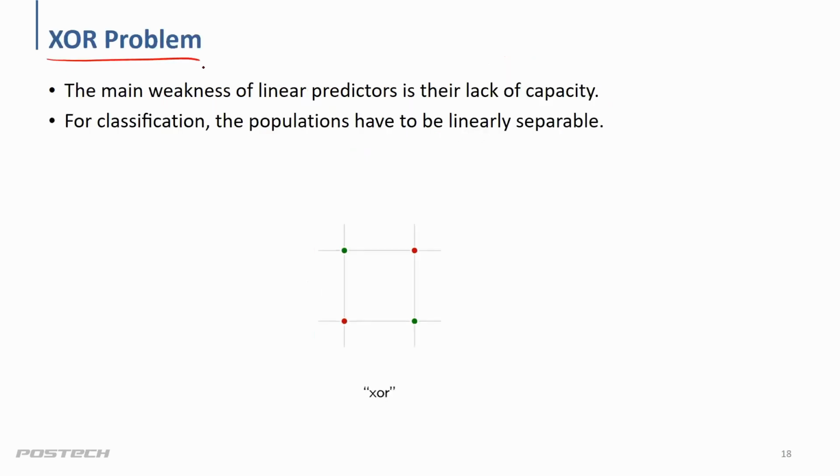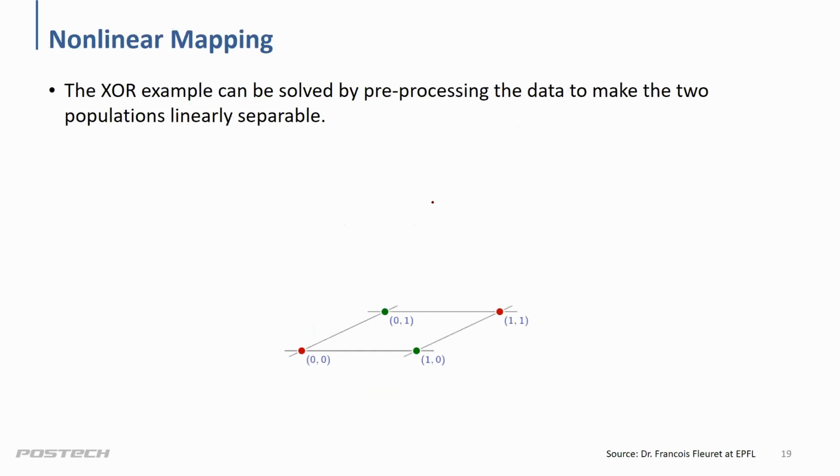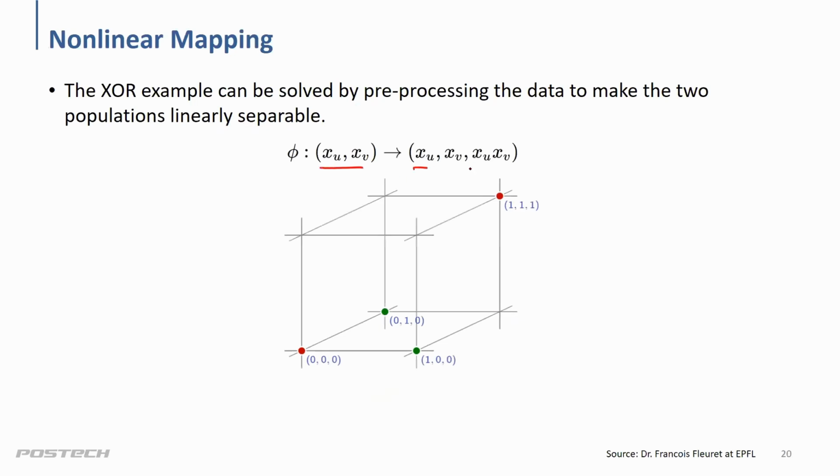For the XOR problem, the main weakness of a linear perceptron is lack of capacity. For classification, the data has to be linearly separable. In this case, it's not. So let's think about doing preprocessing on the data to make these two populations linearly separable. Say this is XU and XV.